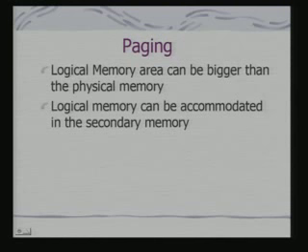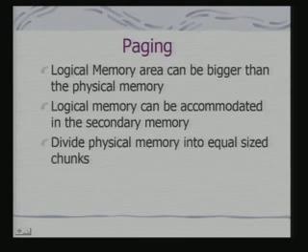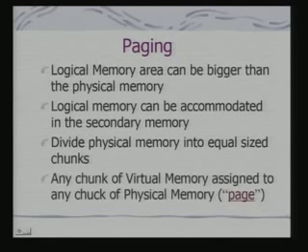Logical memory can be accommodated in the secondary storage, and what can be done is to divide physical memory into equal sized chunks, and these chunks are pages. Any chunk of virtual memory can be assigned to any chunk of physical memory, and that is the basic principle of paging for implementation of virtual memory.